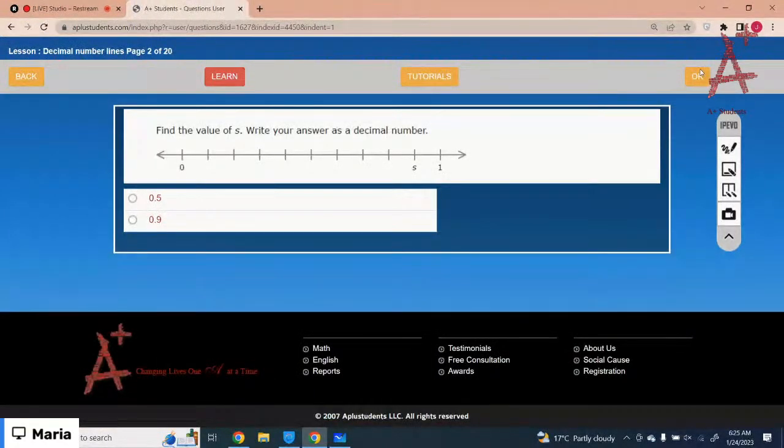Okay, find the value of s. So what is the value of s? S is at 0.9. Got it? Yes, that would be 0.9.